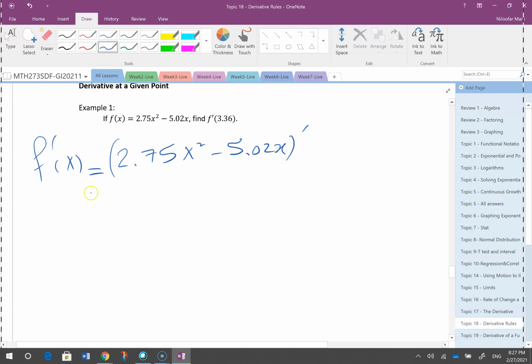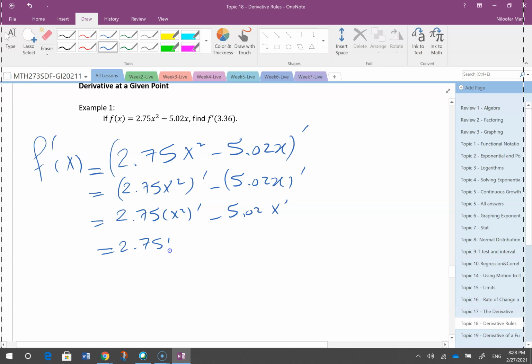Derivative, which is derivative of first minus derivative of second, which is this, which is 2.75 times 2x minus that, which is 2.75.